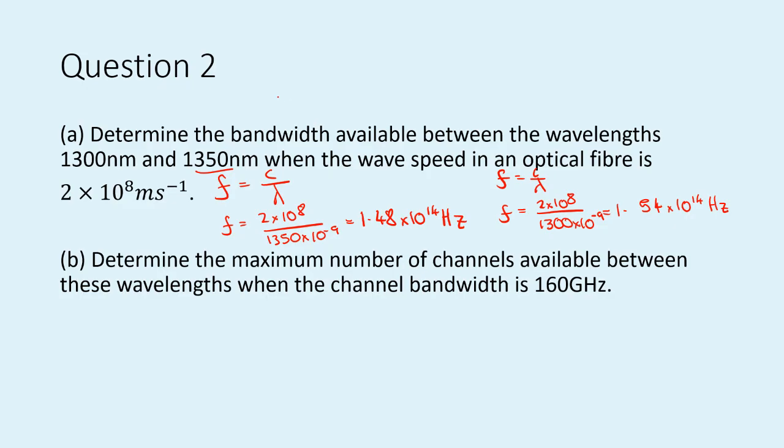Notice because we're doing 1 over the quantities, this one being the lowest and this one being the highest has switched over. Bandwidth is just the difference between these two values. So the highest frequency, you take away the lowest.